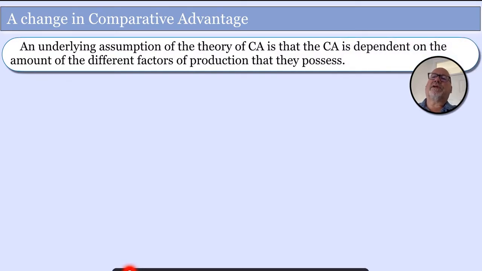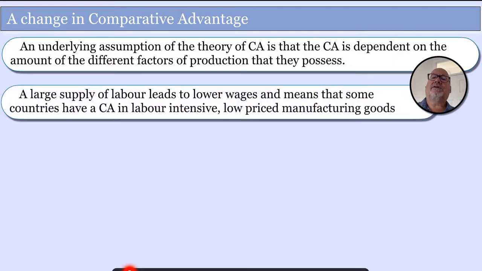And basically, if you remember that one of the underlying assumptions of comparative advantage is that it does depend on the different factors that they possess. So if you've got a lot of labour, we'll see here, large supply of labour, you're going to have lower wages, and so you're going to have a comparative advantage in labour intensive, possibly therefore lower priced manufacturing goods.